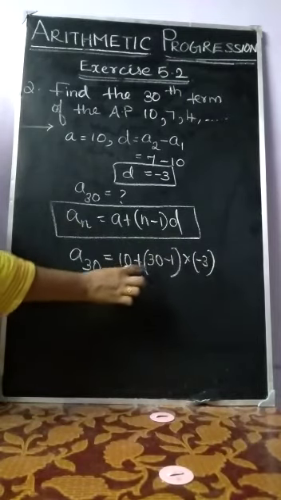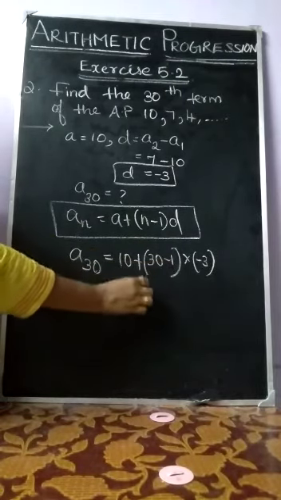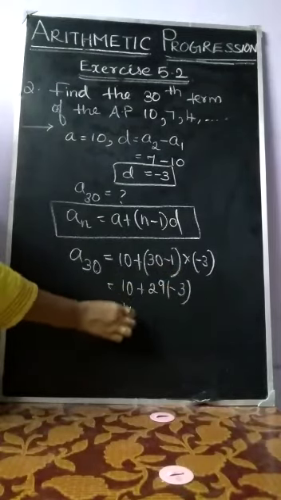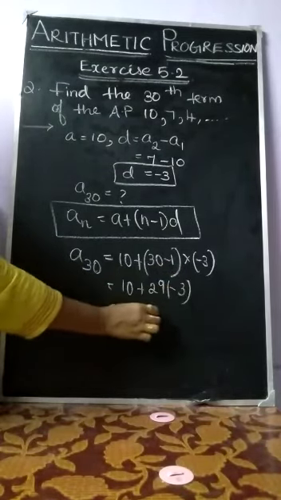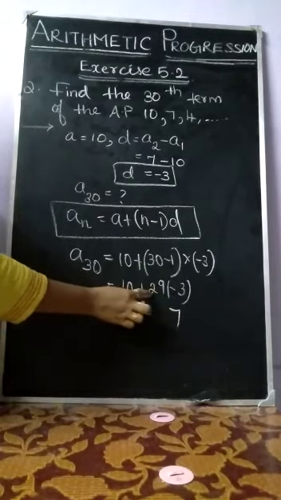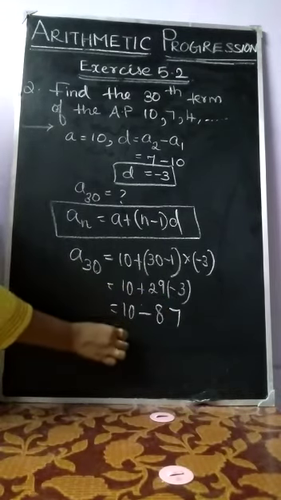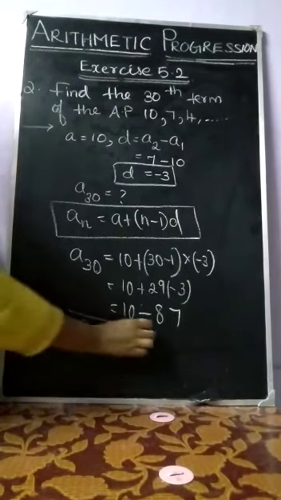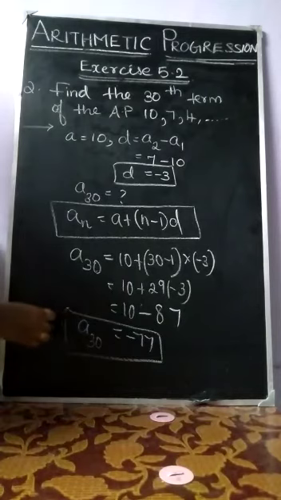So 10, 30 minus 1, 29. So 29 into minus 3. Multiply the value. 3 9s are 27, 7, balance 2, 3 2s are 6 plus 2, 8. So the answer is minus 87. Therefore, the 30th term of the AP is minus 77.